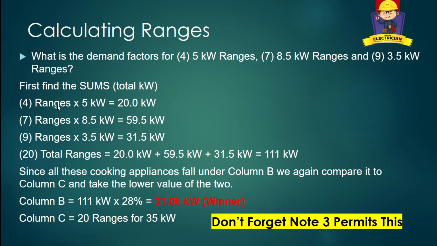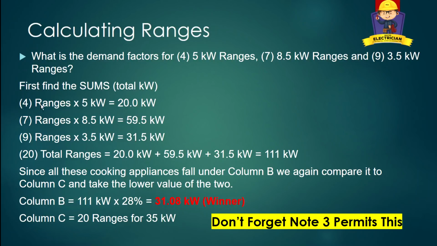So we have the 4 ranges at 5 kW, and that is 4 times 5 is 20 kW. Then we have 7 ranges at 8.5 kW, that's 59.5 kW. And then we have 9 ranges at 3.5 kW, and that equals 31.5 kW. Add all of these up, and that's going to result in 111 kW.